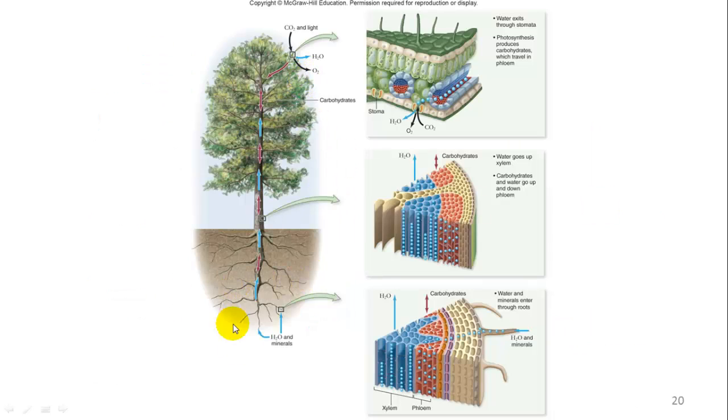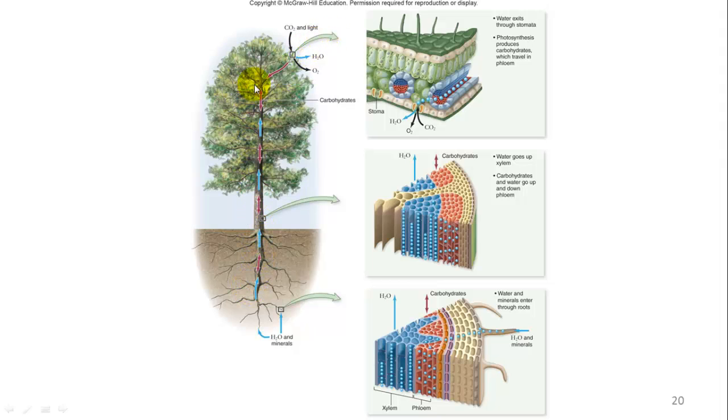Okay, so altogether, at the roots, water and minerals are actively transported into the xylem through apoplastic and symplastic routes, and then through the Casparian strip via the symplastic route. Once it's in the xylem, you have evaporation occurring through the stomata. That evaporation creates a negative pressure, which pulls water all the way through the xylem in the plants.